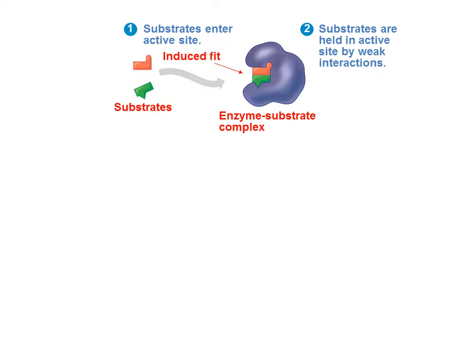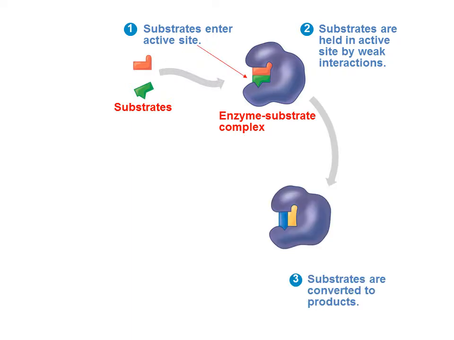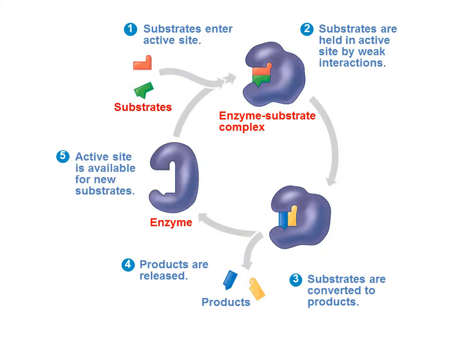The substrate is held in the active site by weak interactions. The substrate is then converted into a product. The product is then released. The enzyme is now available for the next reaction.